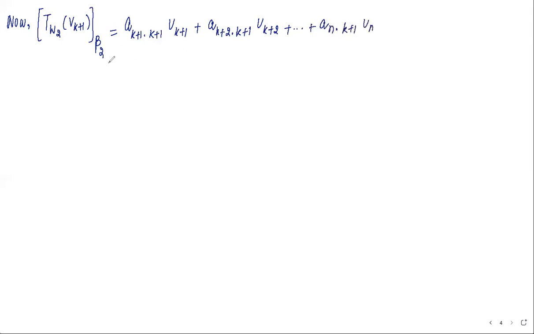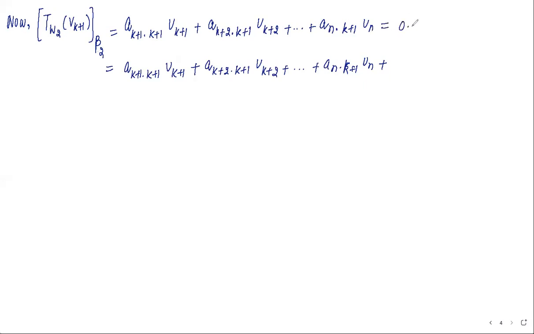But now this can also be written as a_{k+1,k+1} v_{k+1}, then plus a_{k+2,k+1} v_{k+2}, then plus so on, a_{n,k+1} v_n. In fact, we could have written it first with the zeros, we will write it now here.